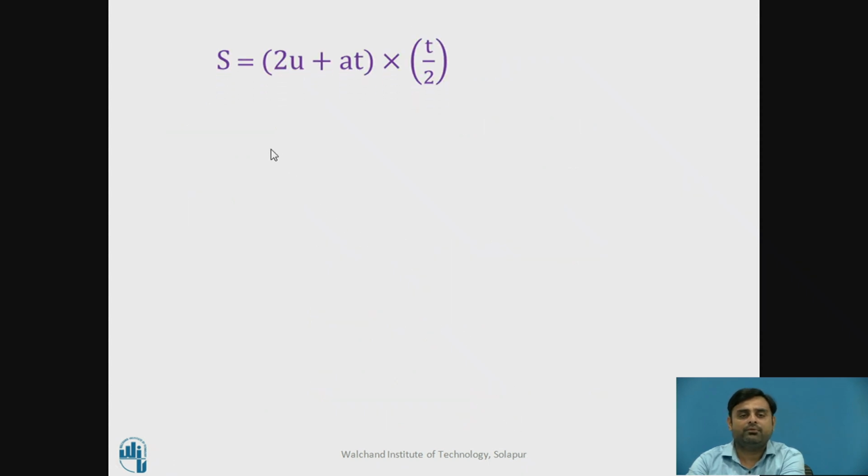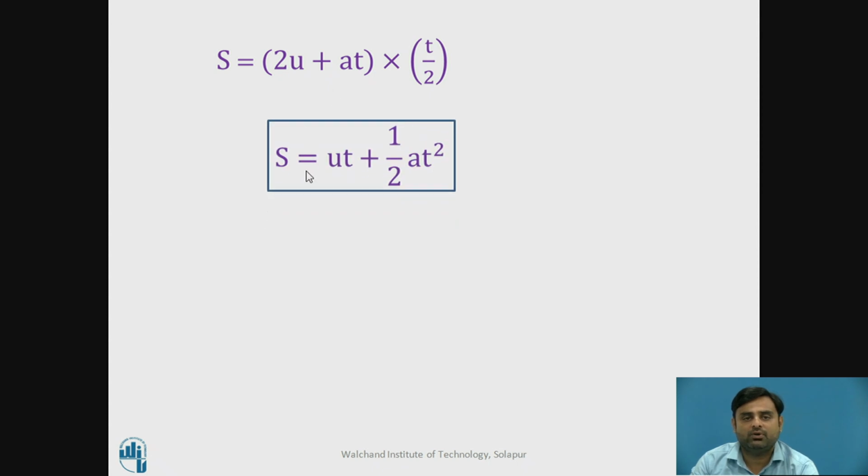After simplifying we can write s is equal to (2u plus at) into t by 2. If you multiply t by 2 with 2u and with at, you will get s is equal to ut plus half at square. So this is your equation for the displacement.